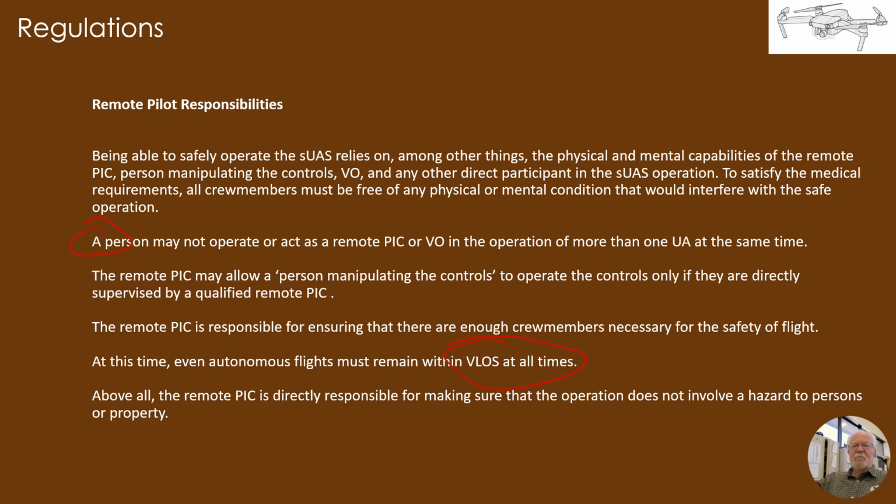But you can't use binoculars or any other aid except eyeglasses to maintain visual sight of the aircraft. You'll see questions about that later. Again, the PIC is directly responsible for making sure the operation does not involve hazards to persons or property.